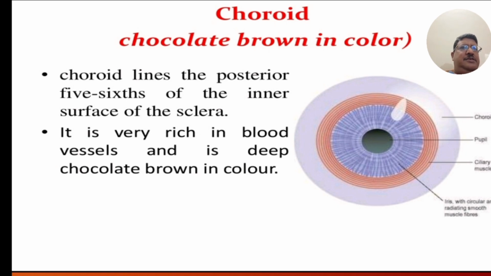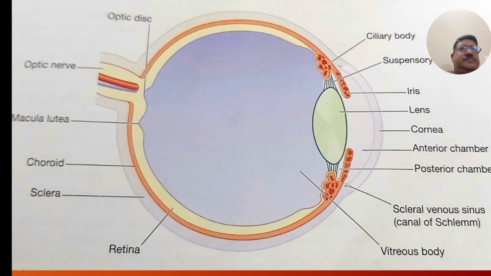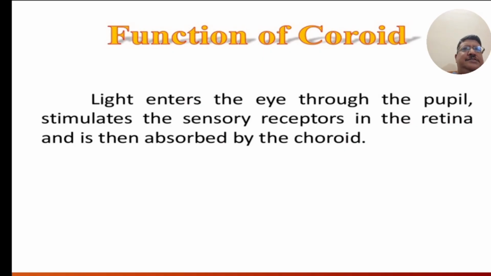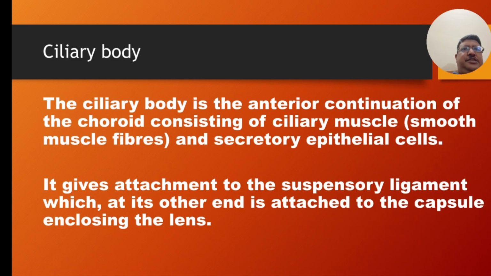So this is the structure of the choroid. Function of choroid: light enters the eye through the pupil and stimulates the sensory receptors in the retina, and is then absorbed by the choroid.